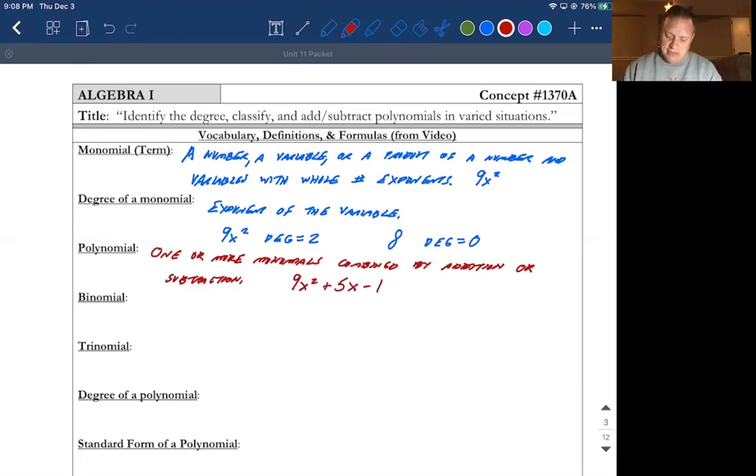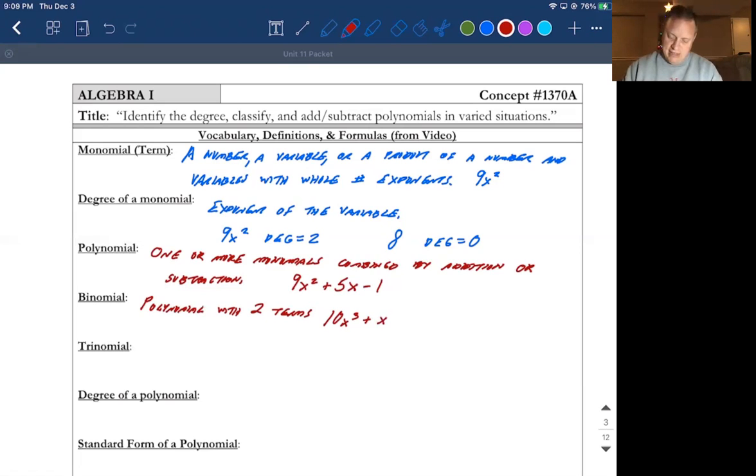Now, binomial is a special kind of polynomial. It's a polynomial with, count them, 2 terms. That's right, 2 terms. So we could have like 10x to the third plus x. 2 terms, 1, 2, there they are.